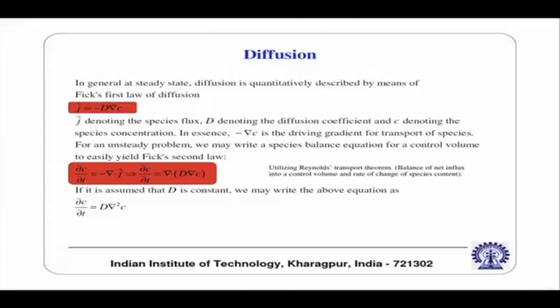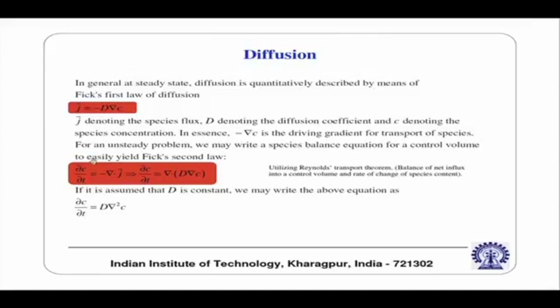We have derived this equation earlier, that is why I have not tried to be too formal in deriving this at this stage, because we want to revisit the essential meaning in a very simple way and we will then relate that to dispersion. So, you have ∂C/∂t is equal to minus ∇·J. This has been obtained from the balance of mass of a species in absence of any chemical reaction.